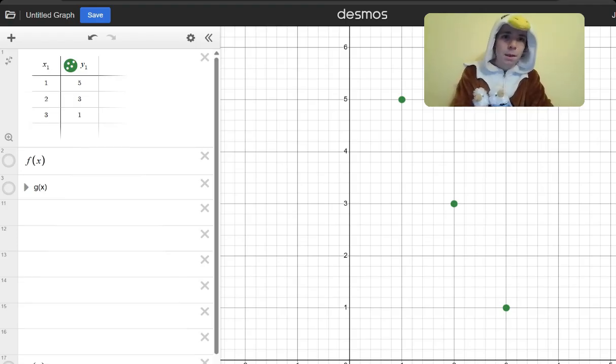So let's start with this example. We have this table where x equals 1, 2, 3, and y equals 5, 3, and 1. Now, what can we say about the limit as x approaches 1.5?